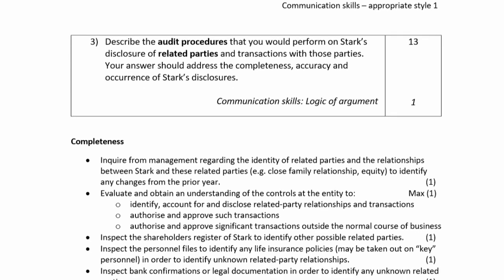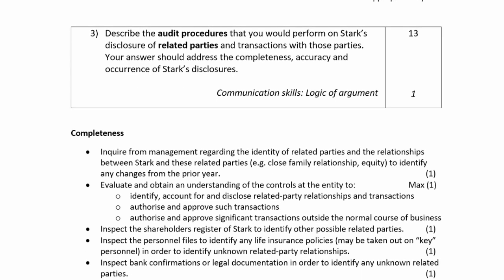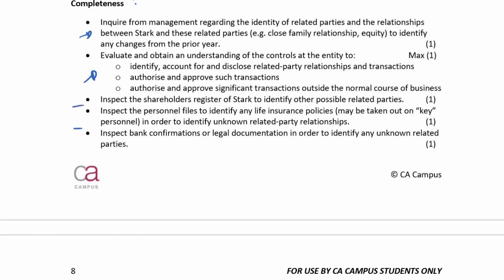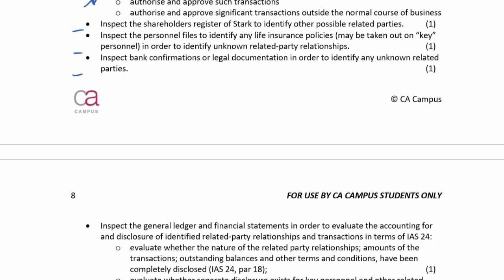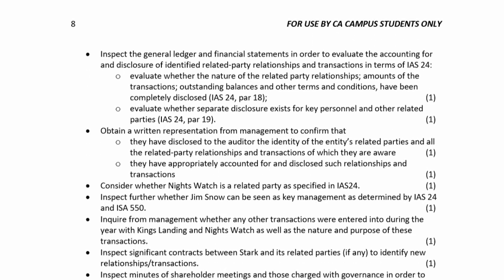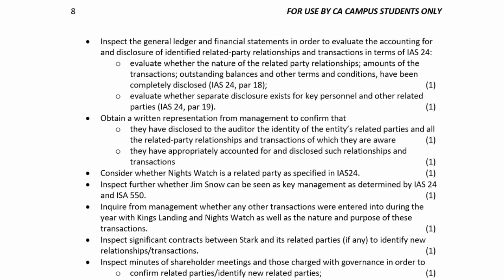In terms of my audit procedures for my related parties, so they start to make it a little bit more relevant. Who are the related parties? But for completeness, guys, we're looking for any additional that may not have been disclosed. So asking who they are, evaluating their controls, and then going and looking at all the different documents available to help identify related parties that haven't been disclosed or accounted for.